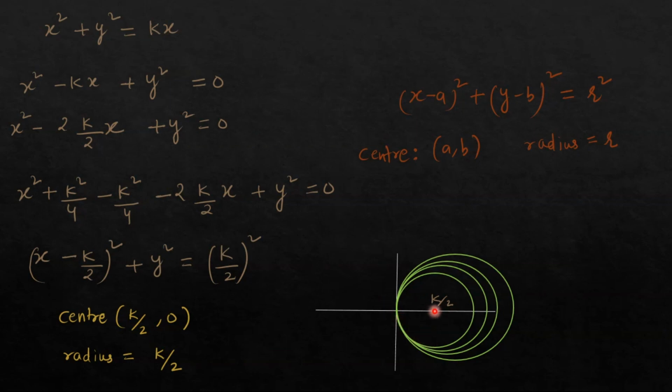Because if you change the value of k, suppose you increase the value of k, the center will shift to the right side and the radius will also increase by the same amount, because the center is k by 2 and the radius is also k by 2. So all the circles will pass through the origin. So the solution of this differential equation is a family of circles passing through the origin. Okay.